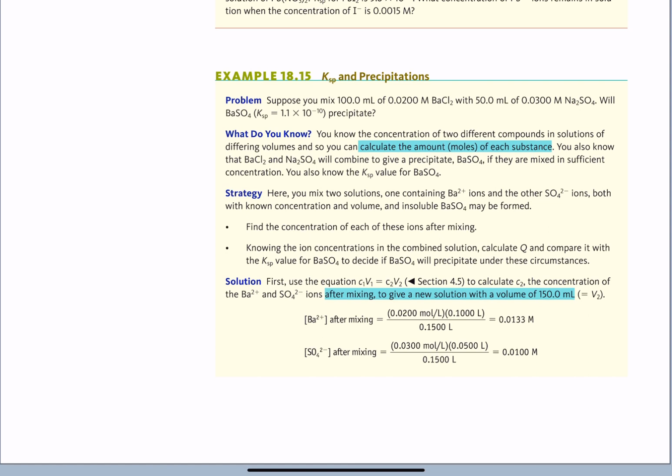Example 18.15, calculate the amount or moles of each substance. Remember I said that any time you're given both the volume and the molarity, you're going to multiply the two together.